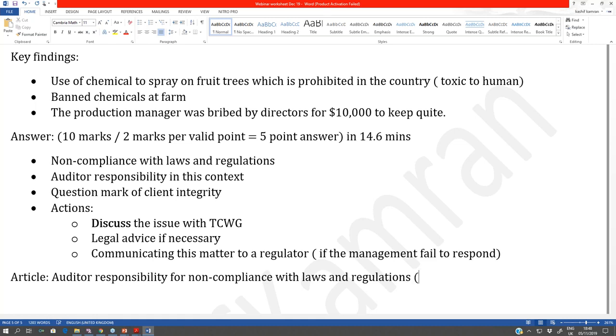And this article was abbreviated as NOCLR, Non-Compliance with Laws and Regulation. And that is where this question has been formulated. And this is not a new article, right? This article, I think, was published a year ago. And if you read that article, this article really tells you what is the auditor responsibility when you come to know that there is a non-compliance in a company of whom you are the auditor.